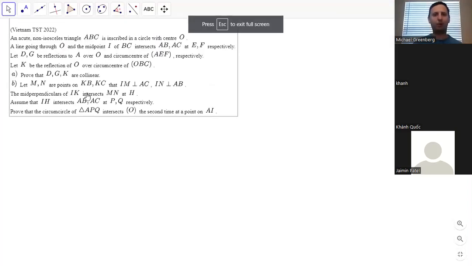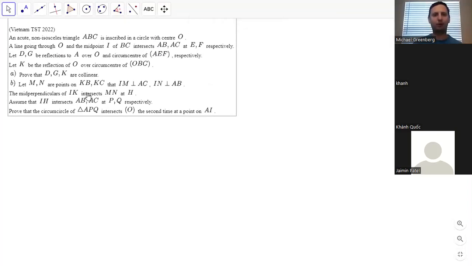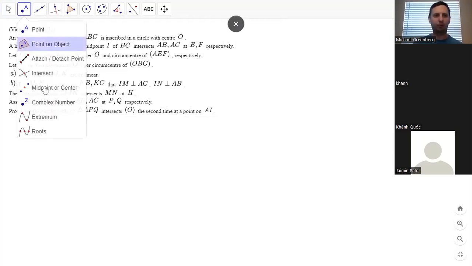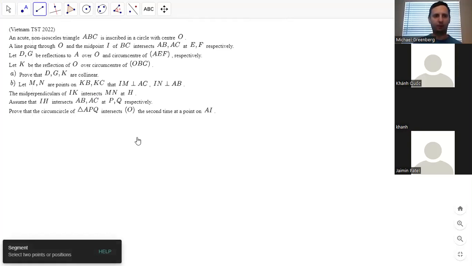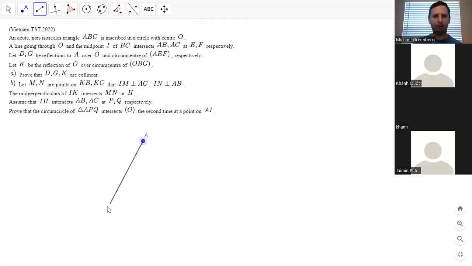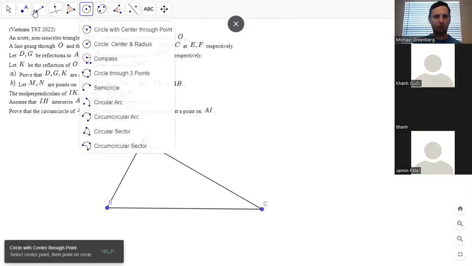Vietnam's questions are often 2 parts, so this one is also a 2-part question. We have a triangle ABC and a circle with center O. So let's draw that.